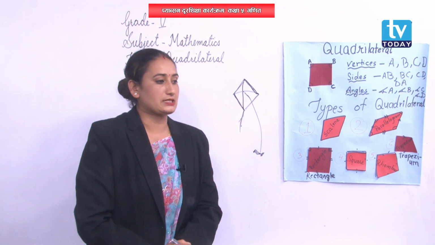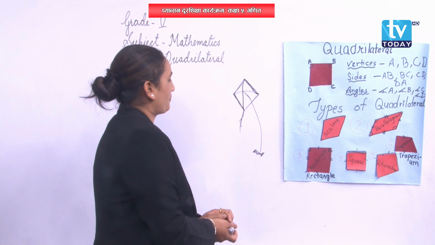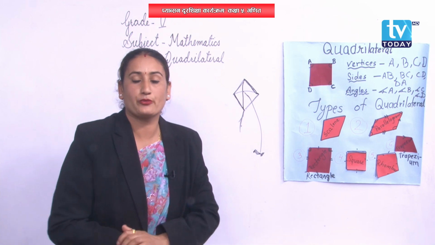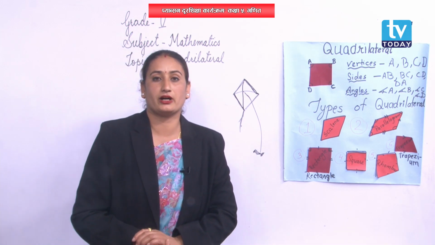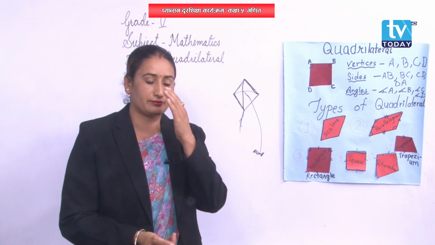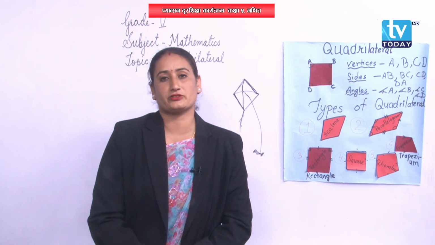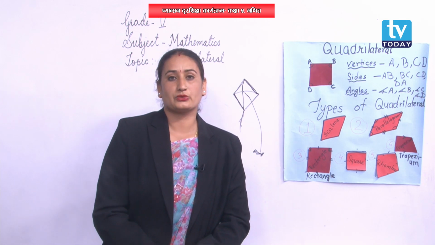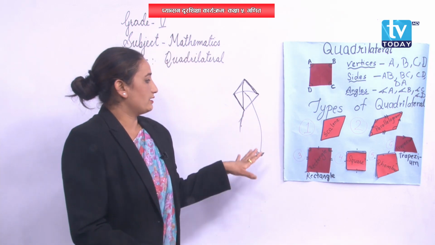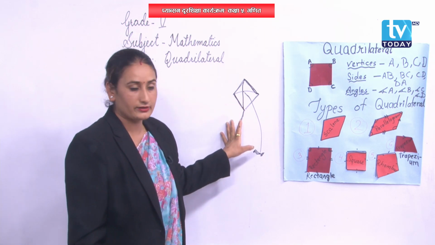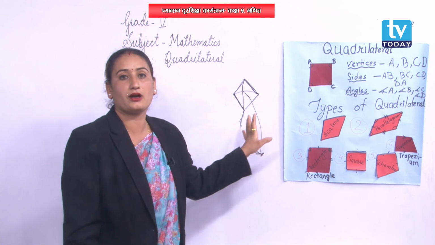Okay, these four sides, because of these four sides we call a kite also a quadrilateral, right? So, a kite is a quadrilateral and it's just an example of a rhombus.